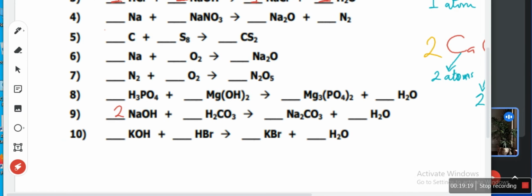How many atoms of oxygen do you have here in this sodium hydroxide in question number 9? 2. You have to add up all the oxygen in the entire reactant side before you get to the arrow. How many atoms of oxygen do you have here in this H2CO3?